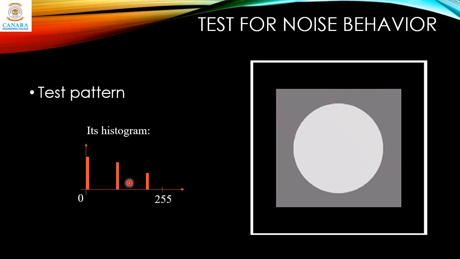So the histogram will be like this: black, gray, and the white circle. So this is the test pattern and its histogram. Let us apply different types of noise on this image and check its histogram. We should be able to see some patterns in the histograms. Let's see.